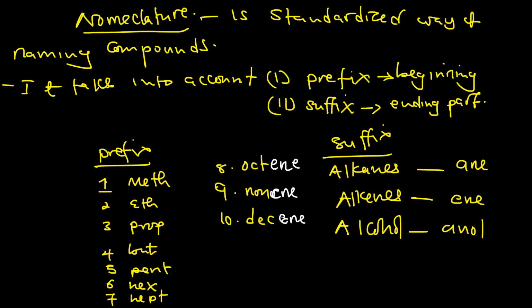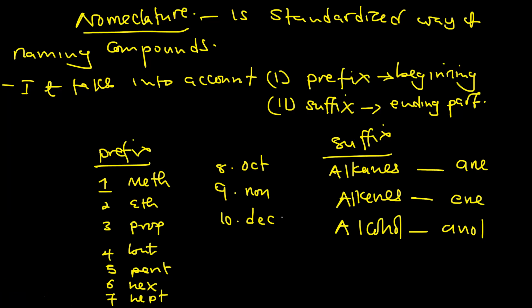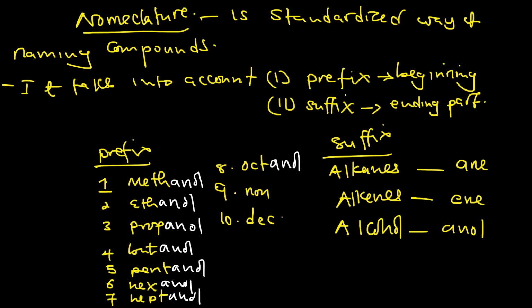If you have an alcohol with 1 carbon, it will be methanol. 2 carbons, it will be ethanol. 3 carbons, it will be propanol, butanol, pentanol, hexanol, heptanol, octanol, nonanol. Then we have decanol. So this is how alcohol names are formed.